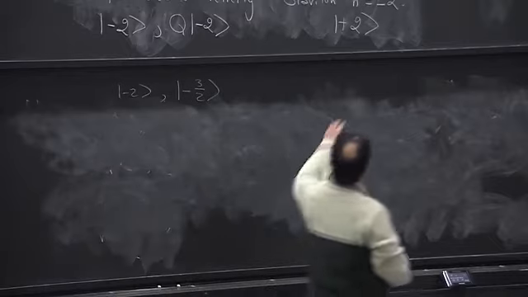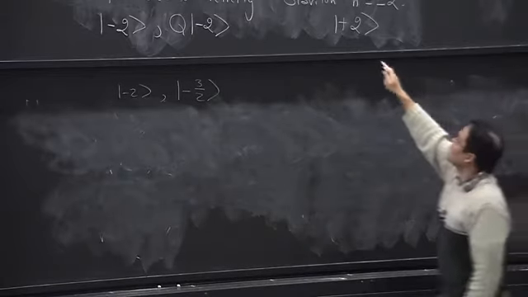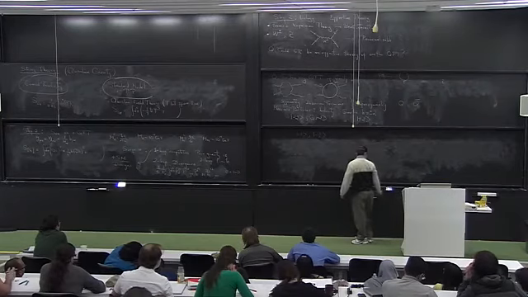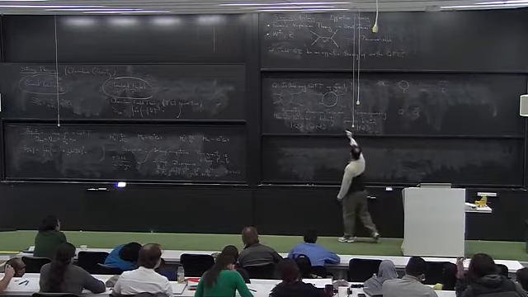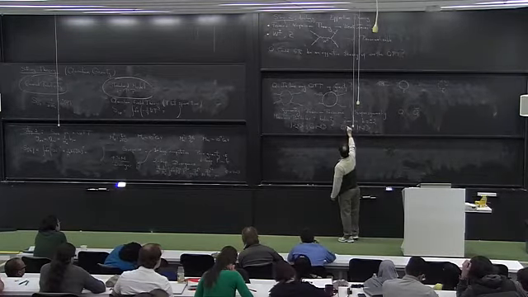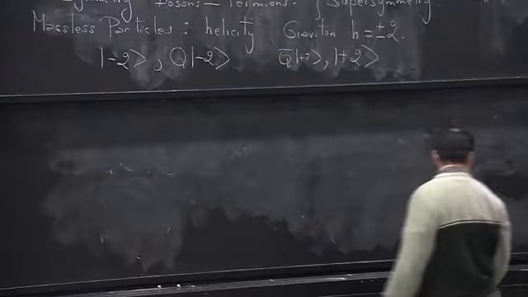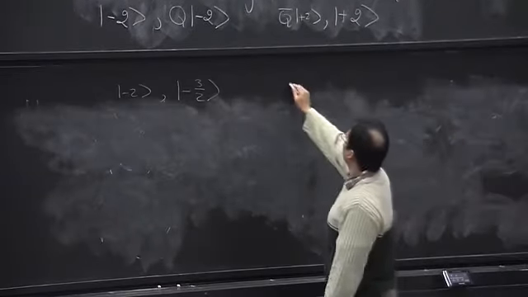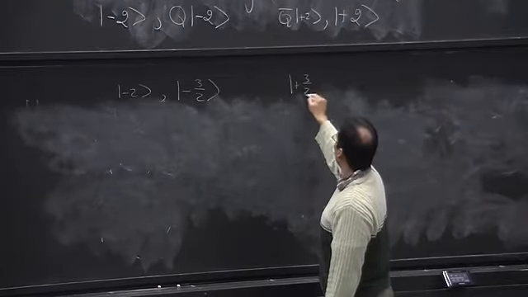Now we can apply Q bar on this state and get something that has helicity plus 3/2.